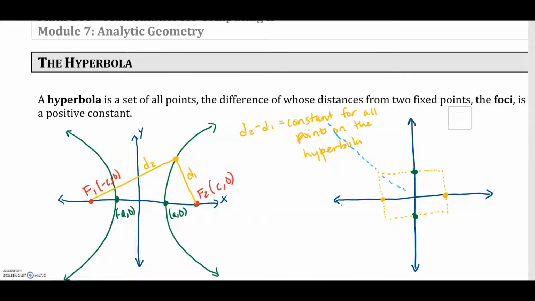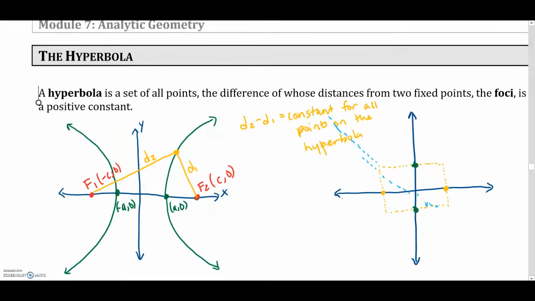So asymptotes are lines or regions where our graph will get arbitrarily close to, very close to, but never equal. So I'll label these as asymptotes.